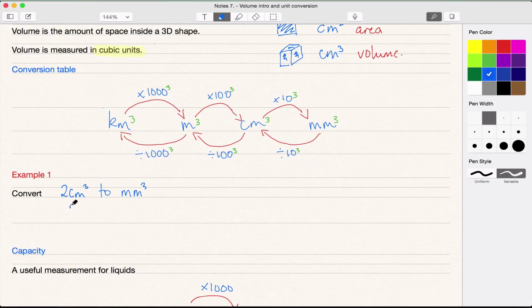So we can write that out as 2 cubic centimeters times 10 to the 3 will equal cubic millimeters. This becomes 2 times 10 to the 3 is 1000. The 3 is the number of zeros we'll have on there. 2 times 1000 is 2000 cubic millimeters.